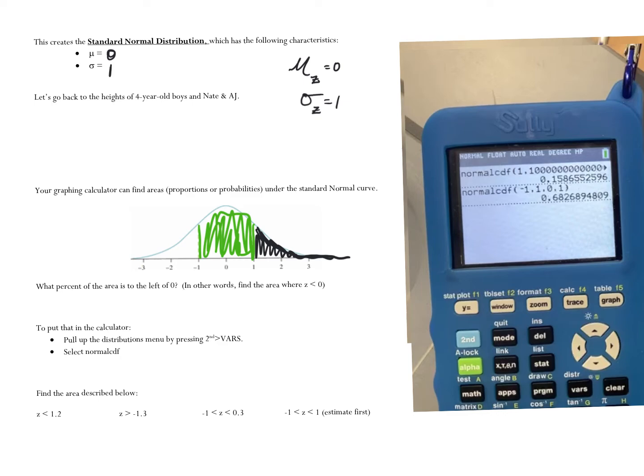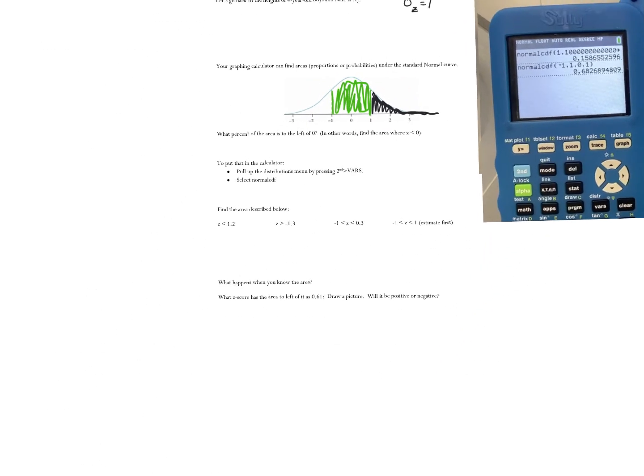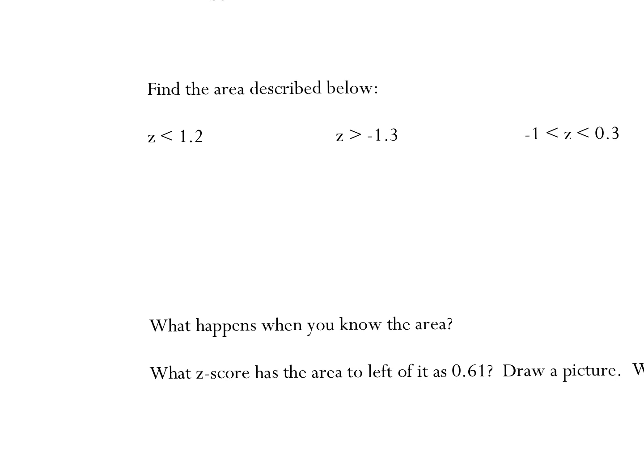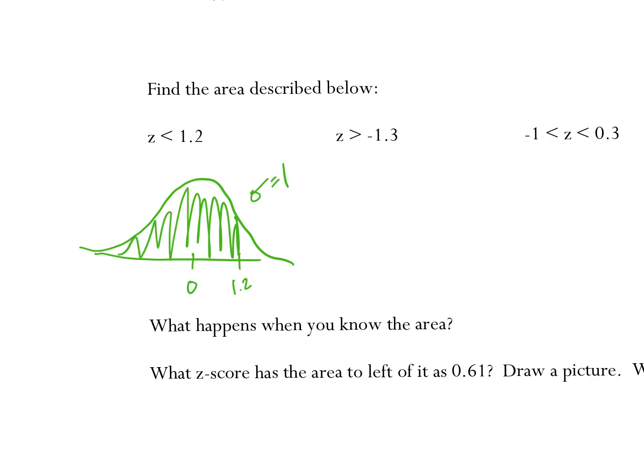All right. Now, what if I said, what would it look like less than 1.2? So if I draw that picture, my mean is 0, my standard deviation is 1, I'm at 1.2, and I'm just going to shade to the left because that's where we're less than.